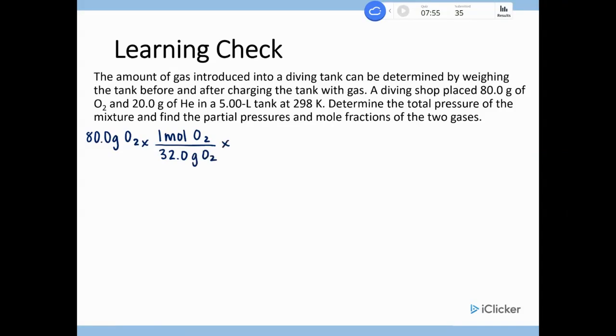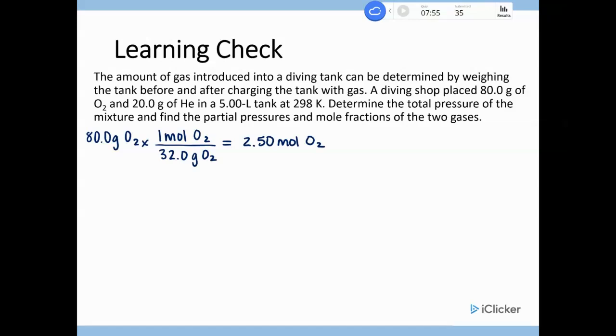It's O2, so there are 2 oxygen atoms in every molecule, 2 oxygen moles in every mole of O2 gas, so 32.0 grams per mole. And then not a multiply sign, but an equal sign. This is equal to 2.50 moles of oxygen. So in that tank with 80 grams of O2 gas, we have 2.5 moles of O2.